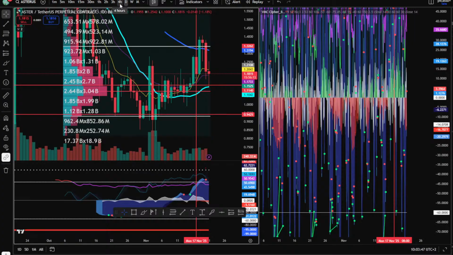But this will probably dump very fast, so you've got to be very careful. So we've got both of these shorts.